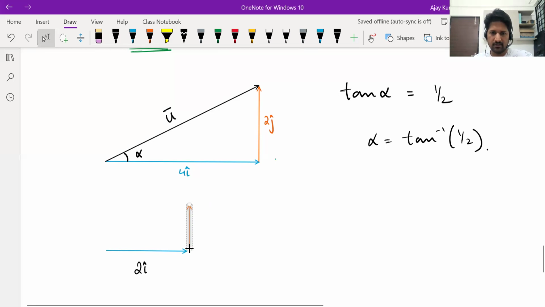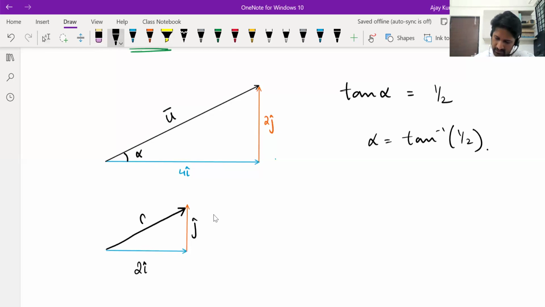And we'll draw it here, just so that we complete the triangle. Okay. So 2 i cap, j cap. Then this is the acceleration vector. Let's say it makes an angle beta with the x-axis. Someone other than Vanilla, quickly tell me tan beta. Only j cap means 1 j cap.